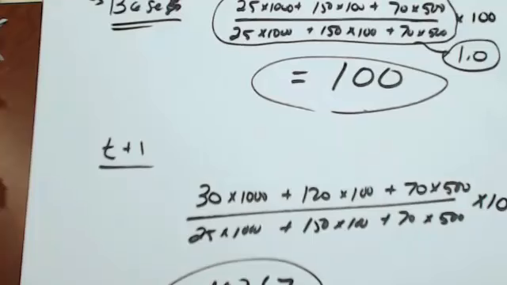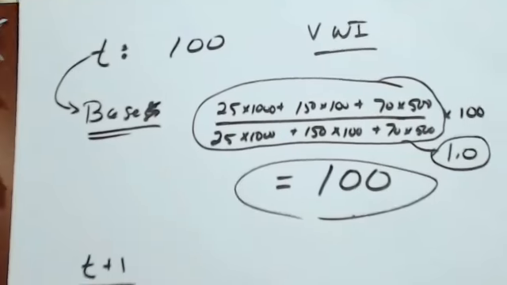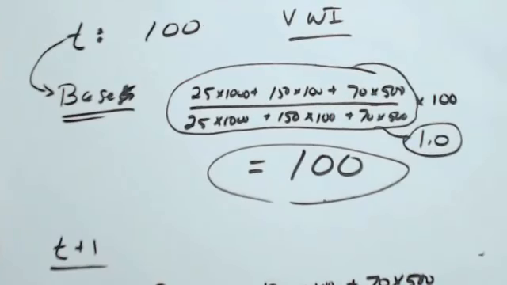Well, you need to ask yourself, which is the more relevant index? Both were calculated correctly, mathematically, but which is the more relevant, more economically intuitive index? It turns out the value-weighted index is more intuitive because we're looking at market capitalization and the values of the firms, which are important.